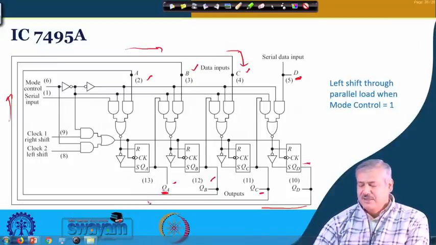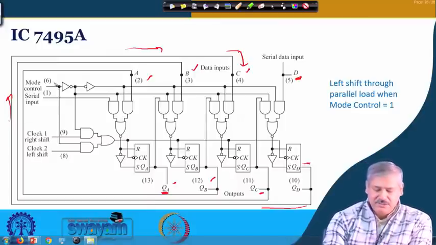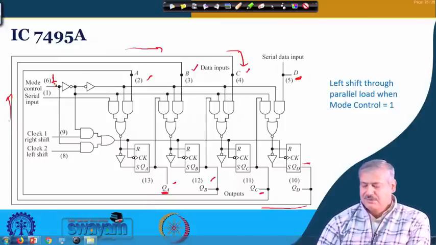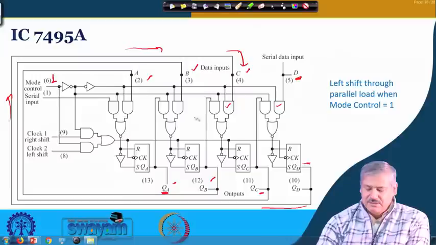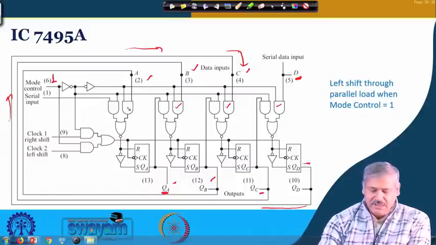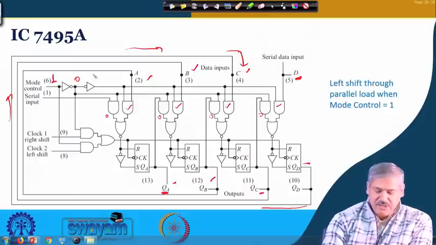So, how is it happening? The mode control part we have already seen. So, basically when it is 1, right, then these AND gates are active, and the other AND gates, these outputs are all 0, okay.